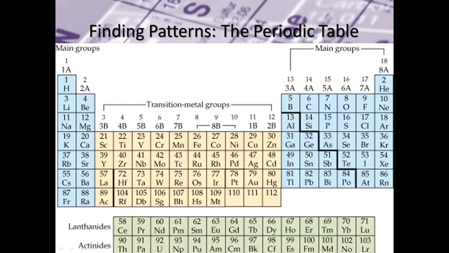As you can see, the main groups are 1A, 2A, 3A, 4A, 5A, 6A, 7A, and 8A. And your transition metals are right in the middle, and those are all the elements that are very unpredictable and hard to determine what they will do.